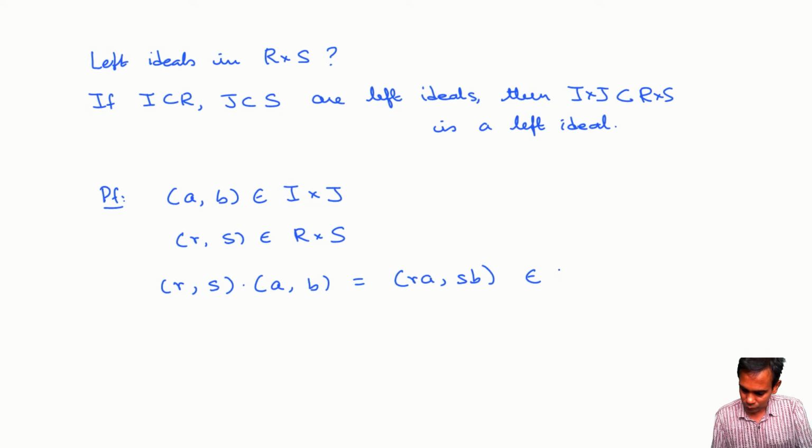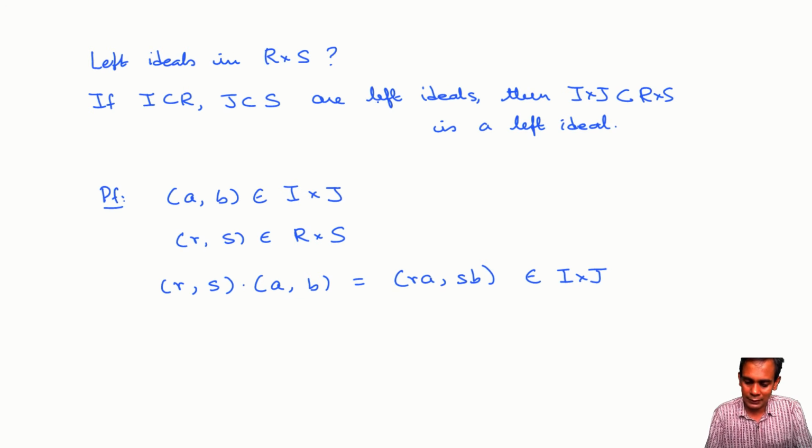So this belongs to I cross J. So I cross J is closed under left multiplication by elements in R cross S. Of course, I cross J is also an additive subgroup of R cross S. So I cross J is a left ideal.